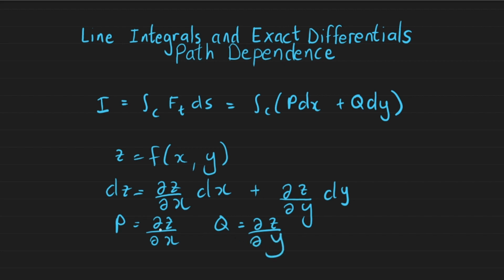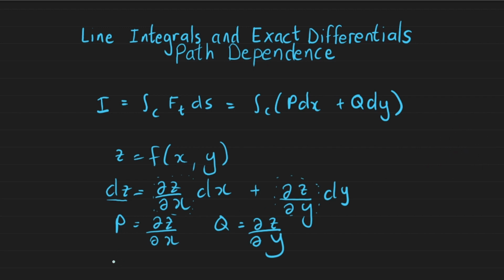And we said that if dz is an exact differential, then if we differentiate this first derivative with respect to y, it should equal this other derivative with respect to x, because we know that mixed partials are equal. That is, d squared z with respect to x and then with respect to y should equal the same thing, but initially with respect to y and after that with respect to x. So if this is true, then our function is an exact differential.